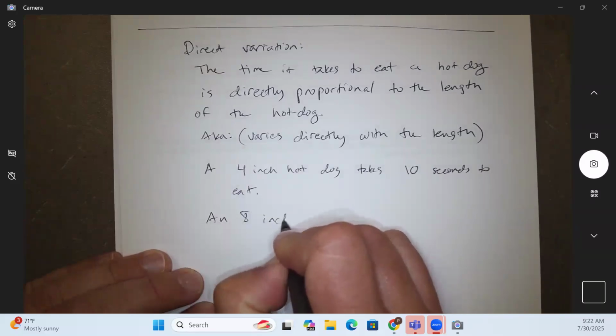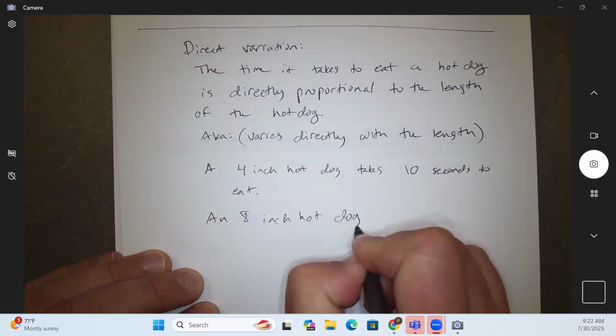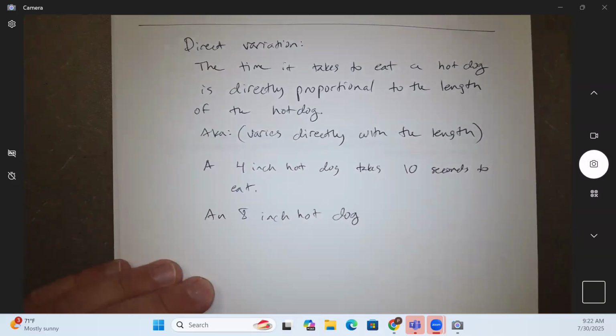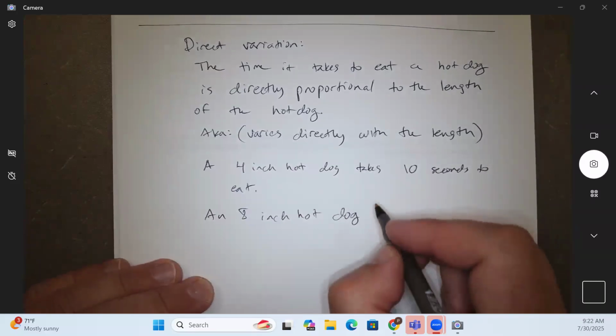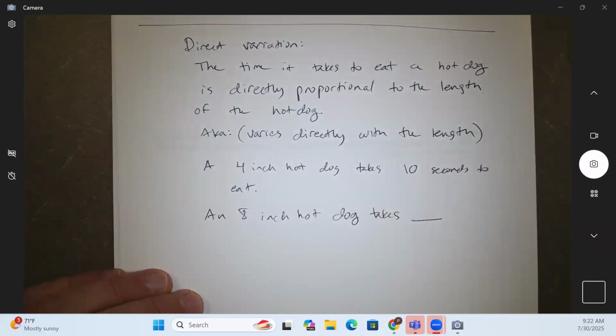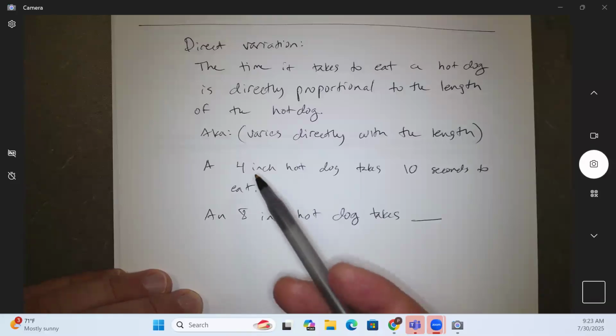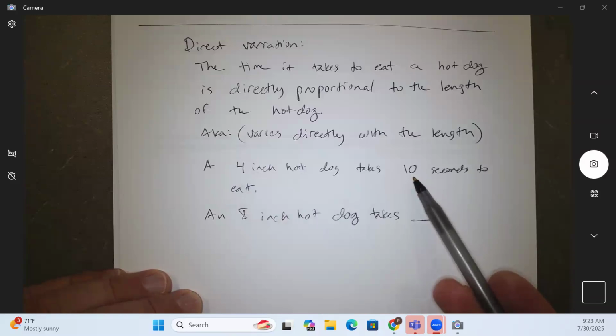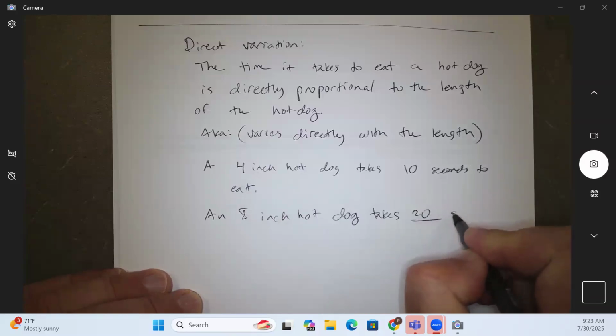On the 8-inch hot dog, how long do you think that would take to eat? Longer. Yes. It varies directly. It's directly proportional. So if a 4-inch hot dog takes 10 seconds, 20 seconds, exactly.